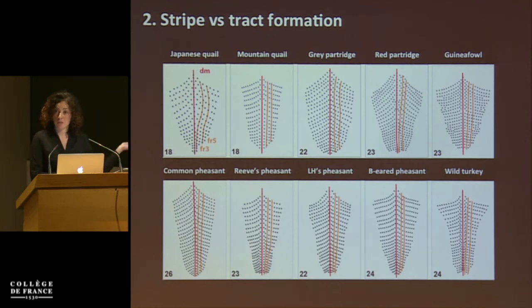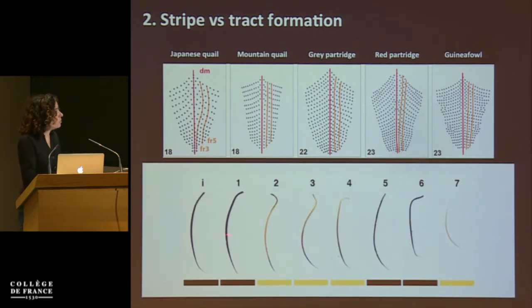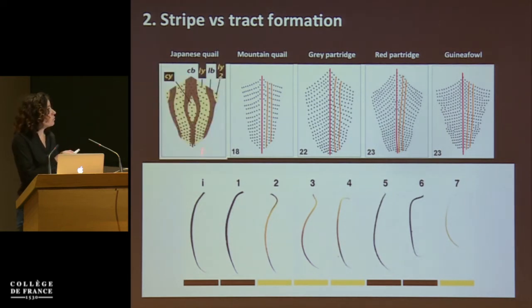And on this map, Nicolas has mapped the color pattern. So if we follow here this line in the Japanese quail, so the wing would be here, or just under the level of the wing. Let's follow this line. We can see this color code on the feathers. Black, black, yellow, yellow, yellow, black, black, yellow. So that code, he then reported on the whole dorsal tract to obtain this type of maps.